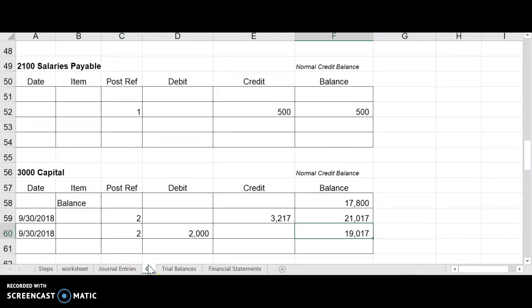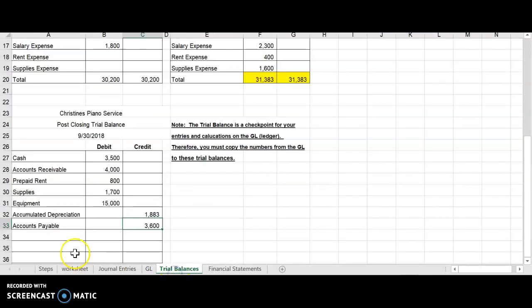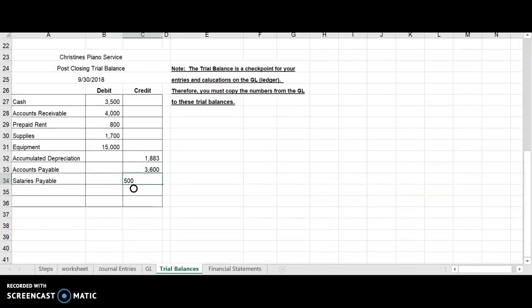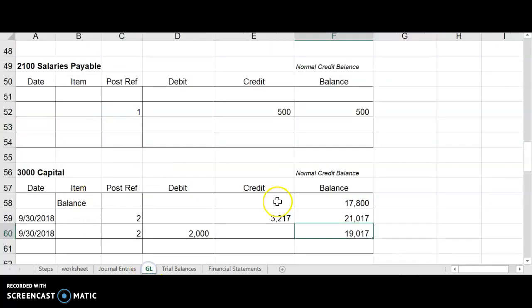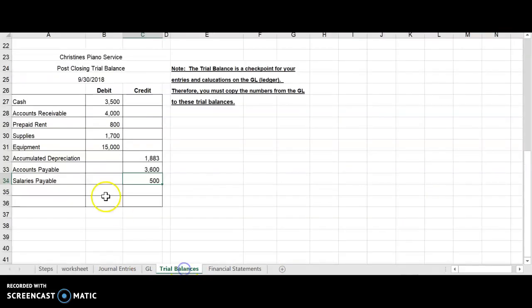Then salaries payable, $500. And capital, $19,017.